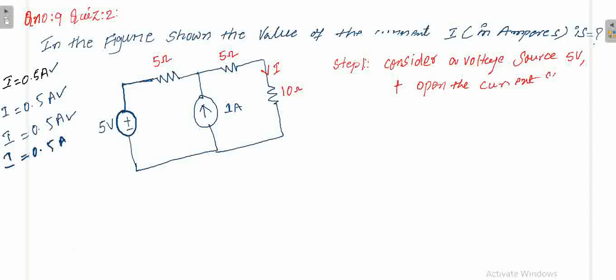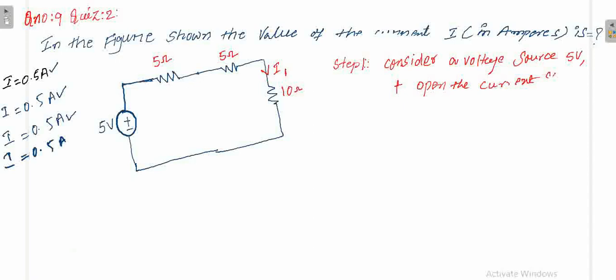By opening the current source, the circuit becomes like this. Here we are considering only one source. Here you will get a response, let us consider this is your I1. In this the current is I1.